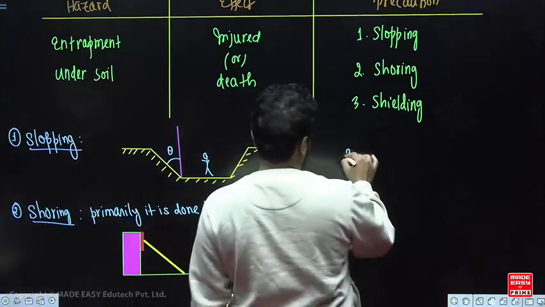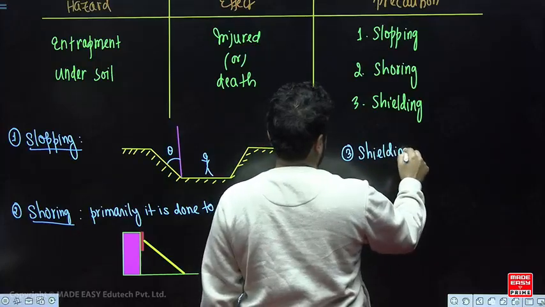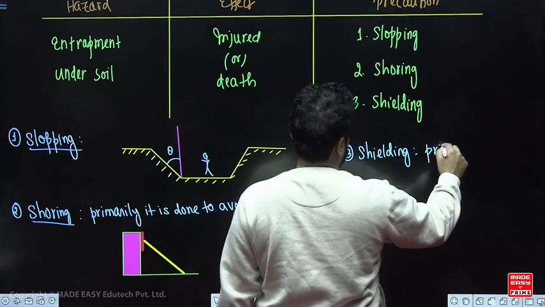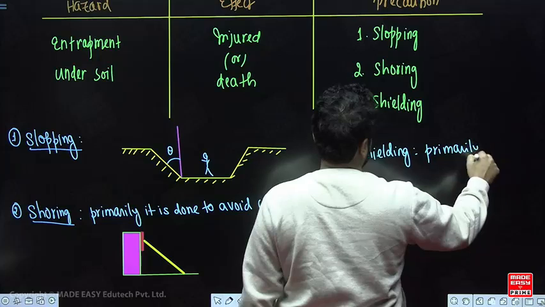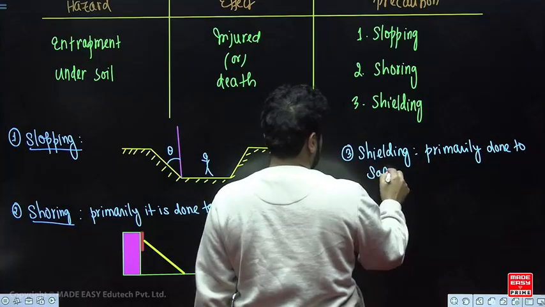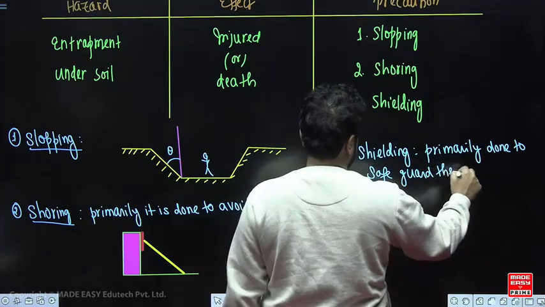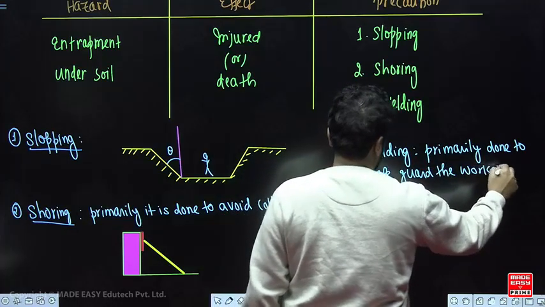And the third one is called shielding. Now why is shielding used? Shielding is done primarily to safeguard the worker. इसमें क्या करते हैं?